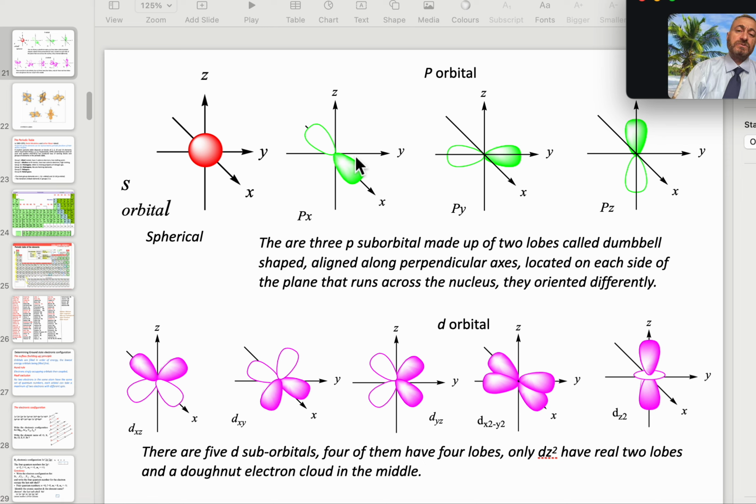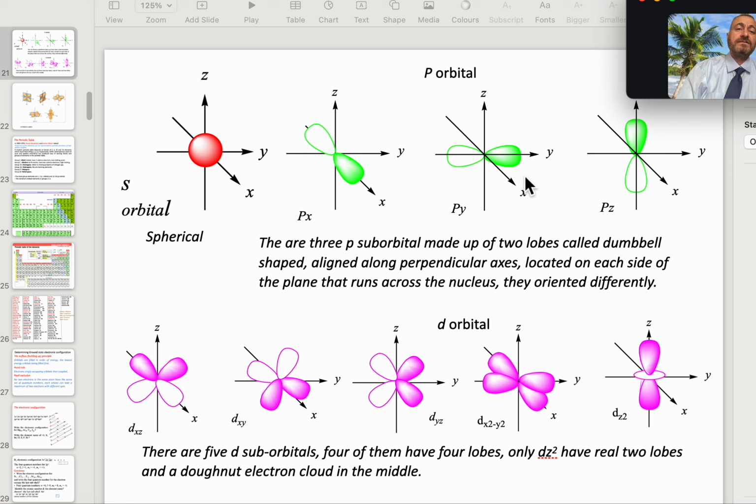So two loops, each loop can contain one electron or more. So now these are the movements. So px means the electron or the orbital is sitting exactly on the x-axis, or aligned perpendicularly on the x-axis.